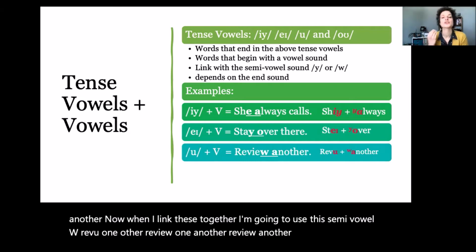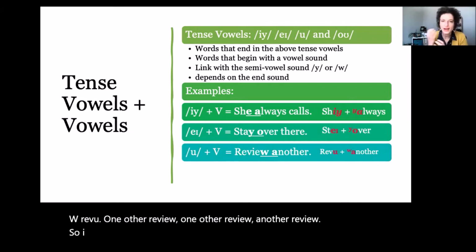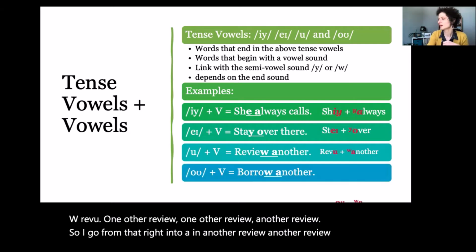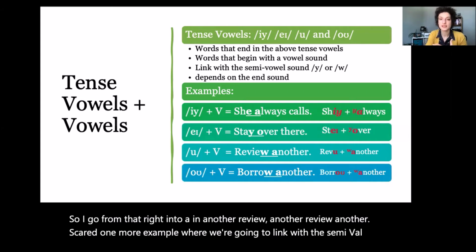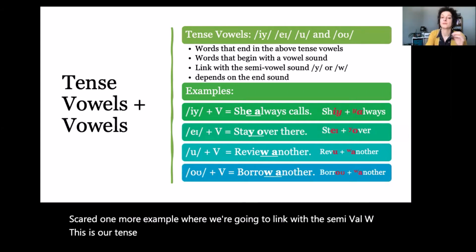Review. So I go from that right into the A in another. Review another. Okay, I got one more example where we're going to link with the semi-vowel W. This is our tense vowel O plus a vowel.